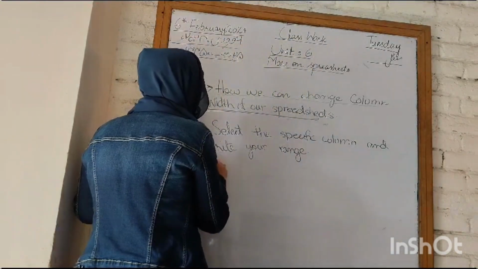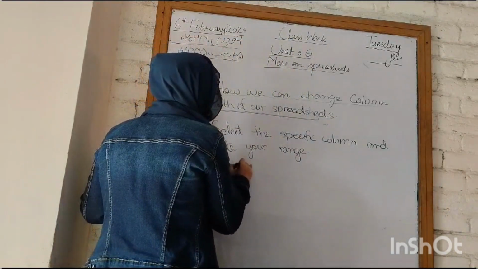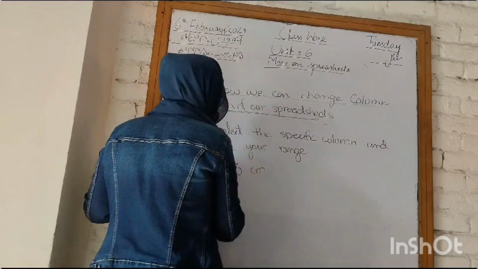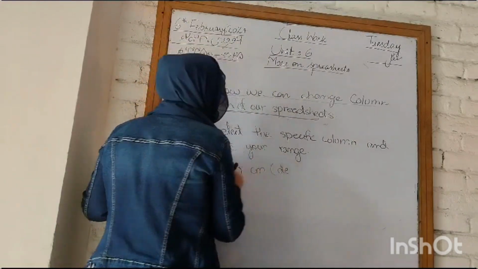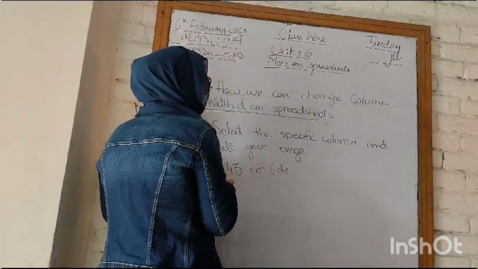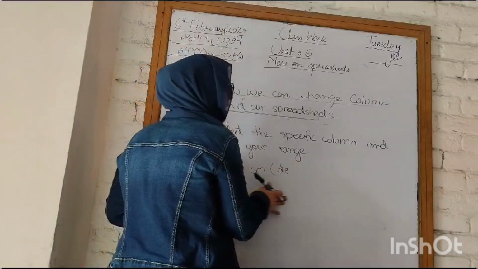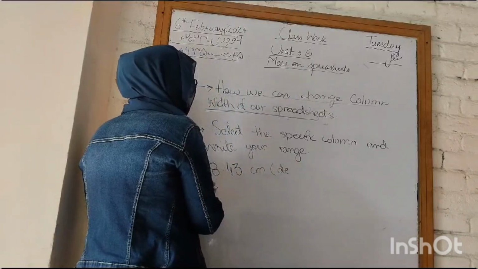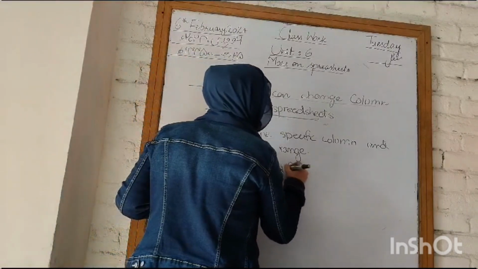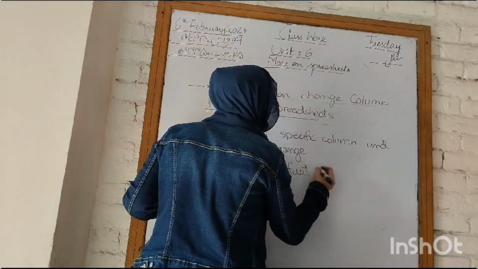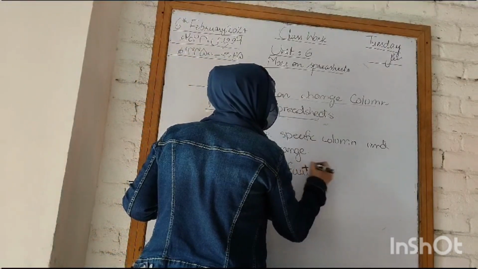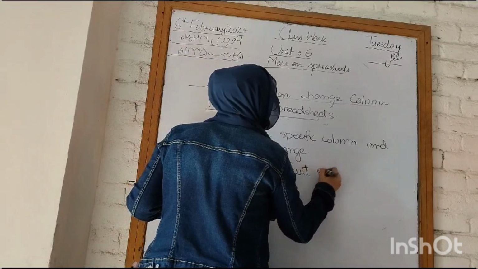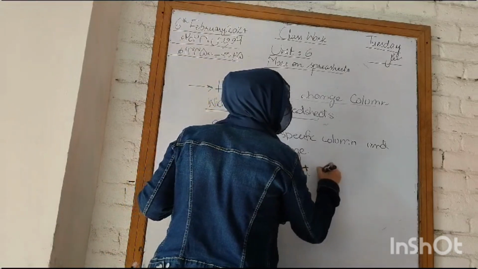The default range is 8.43 centimeters. It means we can increase our column from 8.43 centimeters. This is the default column width.